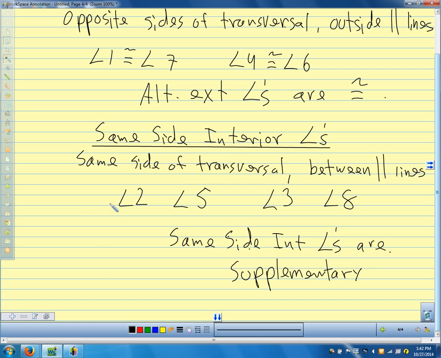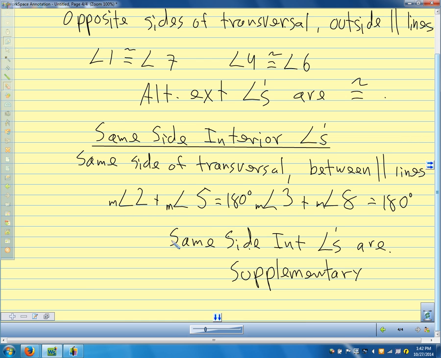So what we're going to write for this is the measure of angle 2 plus the measure of angle 5 equals 180, supplementary angles add to 180. And measure of angle 3 plus the measure of angle 8 equals 180 degrees. So same side interior angles are supplementary. That means their measures add to 180.